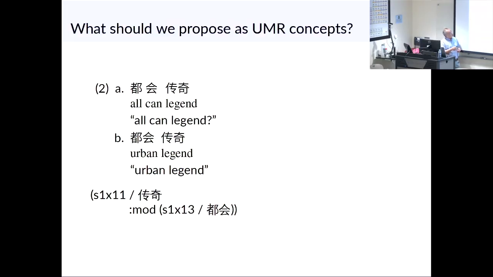And if you segment this way, which is a possibility, these can be 3 words, and this one has 2 words, and individually as words they all exist in the language. Right? But the problem is that if you segment this way, it's a little hard to interpret what it means. So this word means all, and this means can. So this is legend. Well, they can legend. Well, this makes no sense, right?